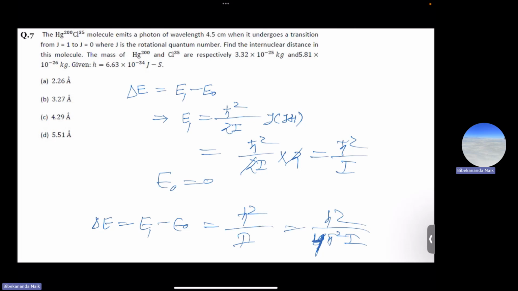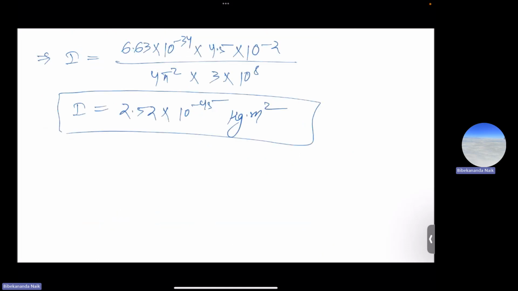Sorry, one minute. Here we need to find the internuclear distance. So this is the moment of inertia, and from that moment of inertia we will find the internuclear separation and for that we need the reduced mass value. The reduced mass is given by mu equals m1 m2 divided by m1 plus m2, since all the masses are given.